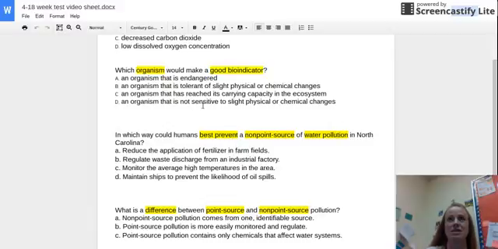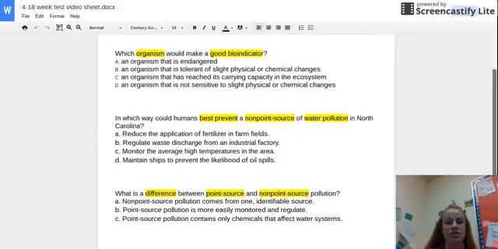Well, if it's not sensitive, that means we could have a lot of pollution coming through and they could tolerate it, so that would not be the case. So our best answer choice would be B, an organism that is tolerant to slight physical or chemical changes, meaning they could only accept a little bit before they would start dying off. And so we would know that there's a problem.